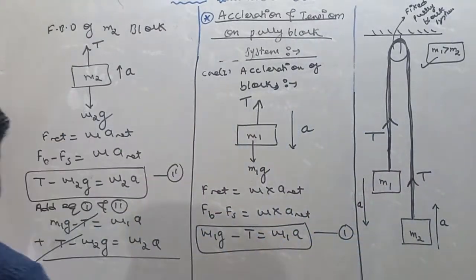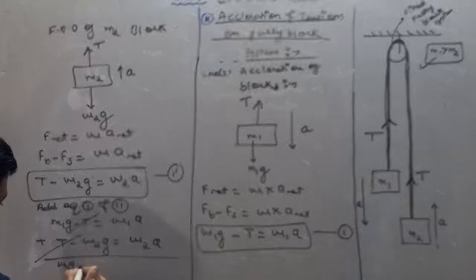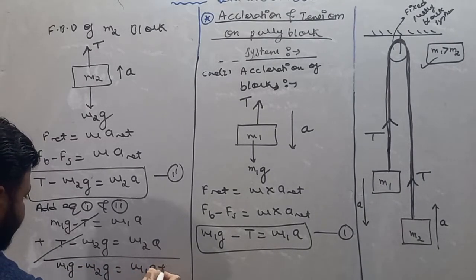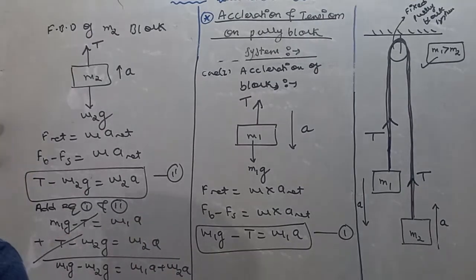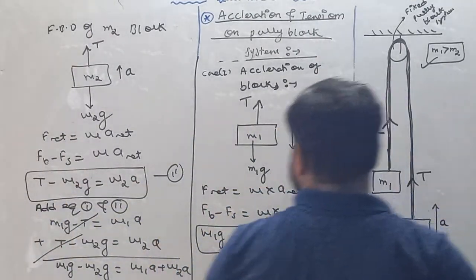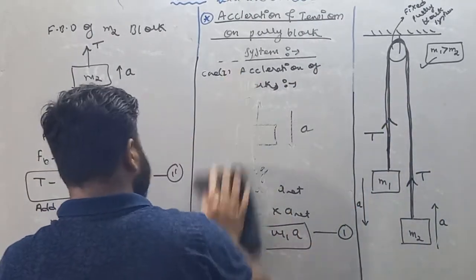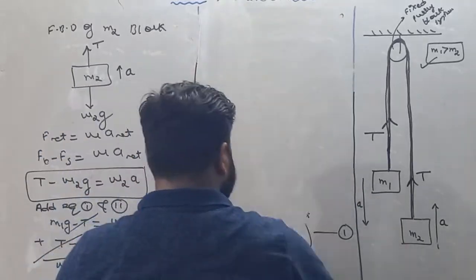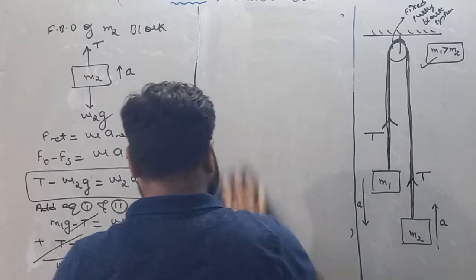So it will be m1g minus m2g is equal to m1a plus m2a. So what we'll get, dear student? Take acceleration common.